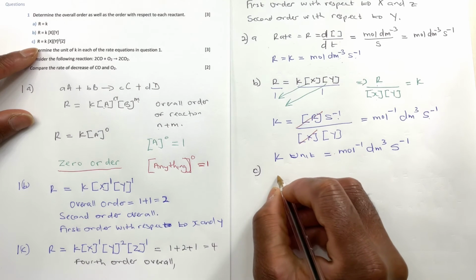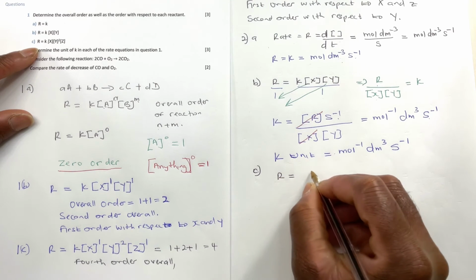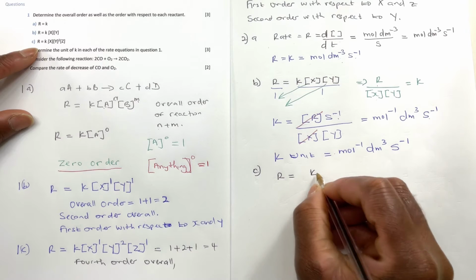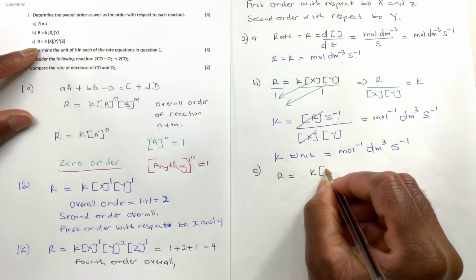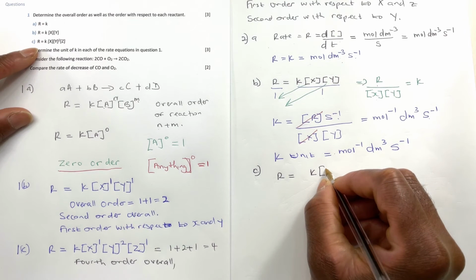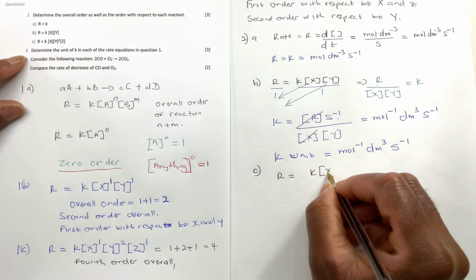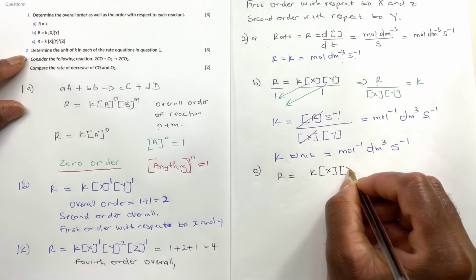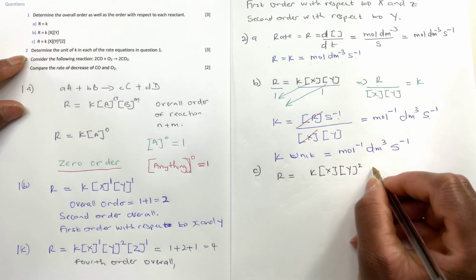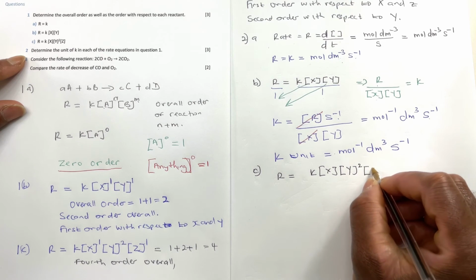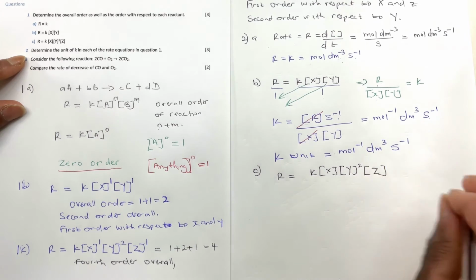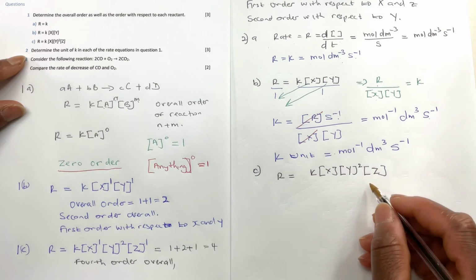Well, C, the rate in this case is K times the concentration of X times the concentration of Y squared times the concentration of Z. Again, we need to rearrange that.